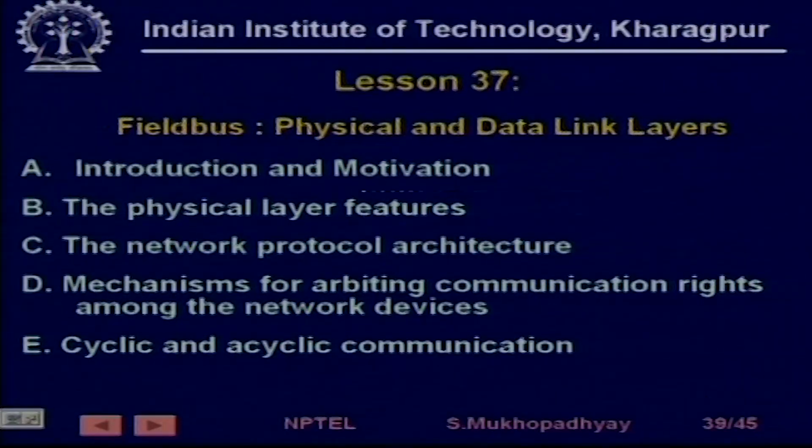Otherwise, when some device is transmitting data on the network, if another device starts transmitting some different data on the same network, then the data can get corrupted. So we took a look at some of these models of arbitrating communication rights on the buses, and how that actually turns out for cyclic and acyclic communication.